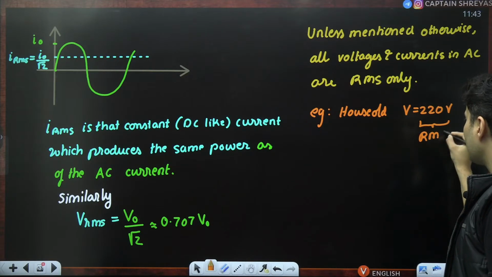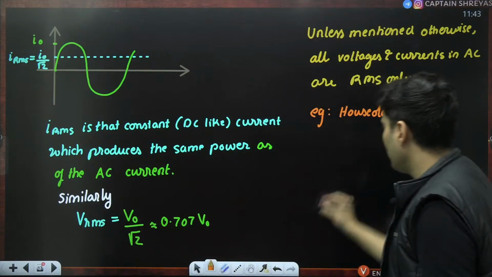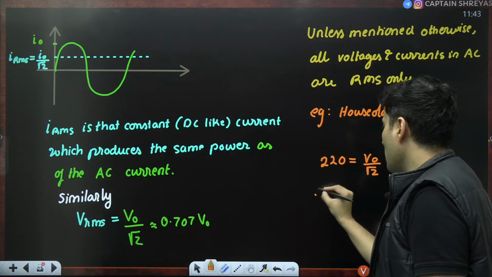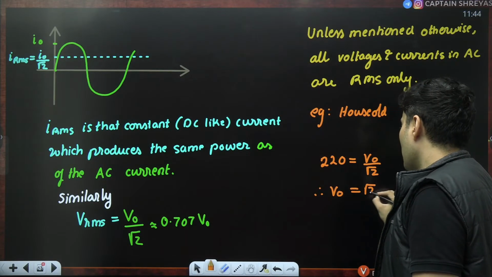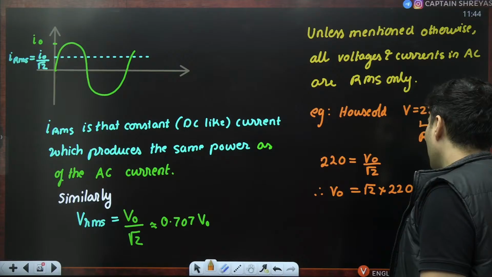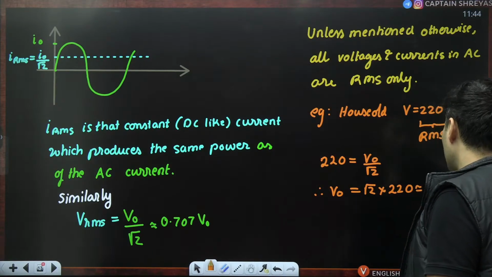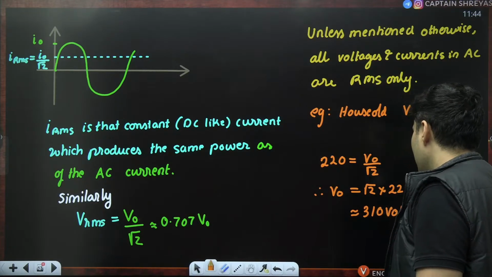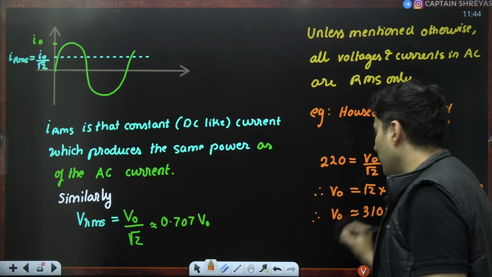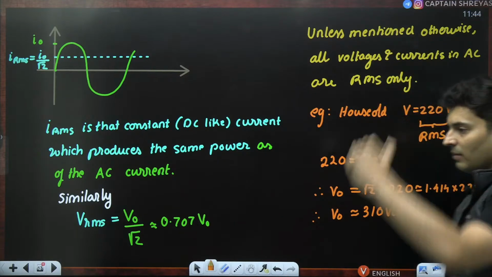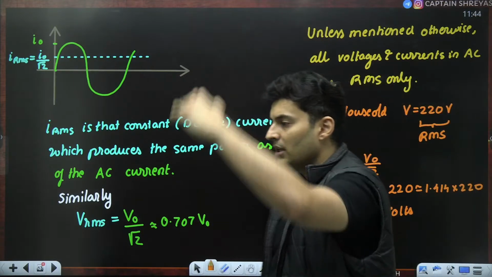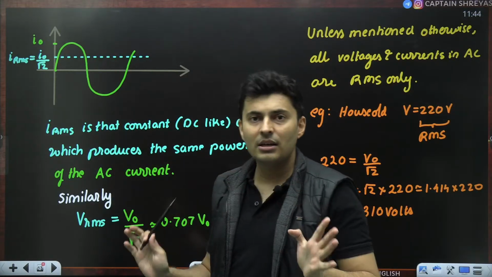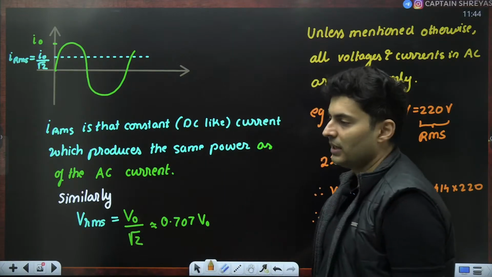It is the RMS value. So 220 is the maximum voltage divided by root 2. Therefore, the maximum voltage is root 2 times 220, approximately 1.414 times 220, which comes out close to 310 volts. Yes, the maximum voltage which your household circuits get is plus 300, minus 300, plus 300, minus 300. But the constant voltage which produces the same energy is 220 volts.